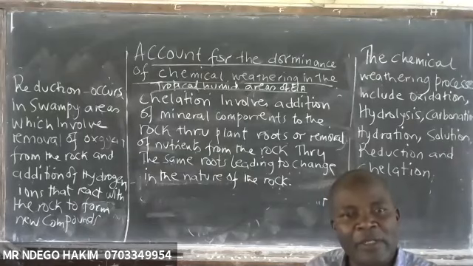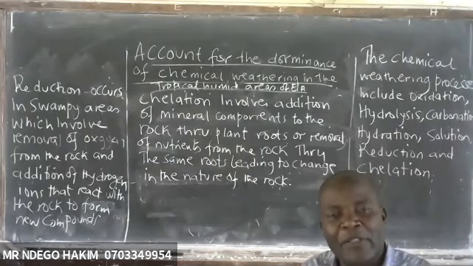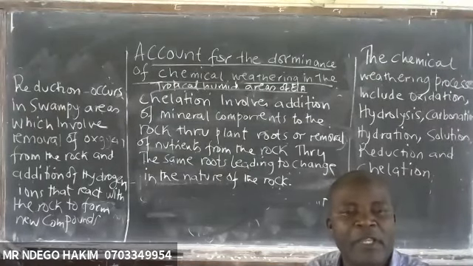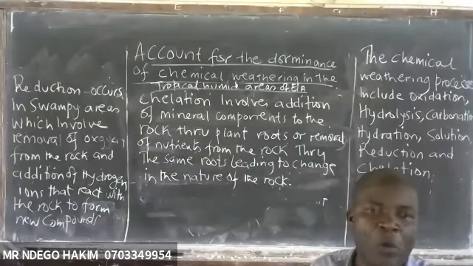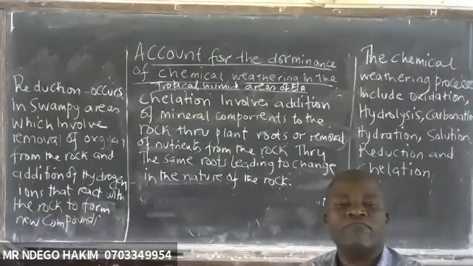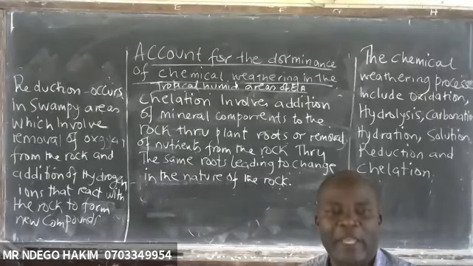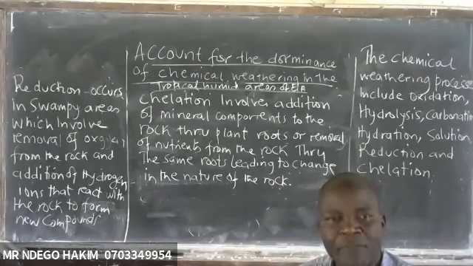So you are integrating, not just saying the presence of heavy rainfall has resulted in water dissolving minerals, resulting in chemical weathering, and leaving it general like that. Say which kind of chemical weathering.